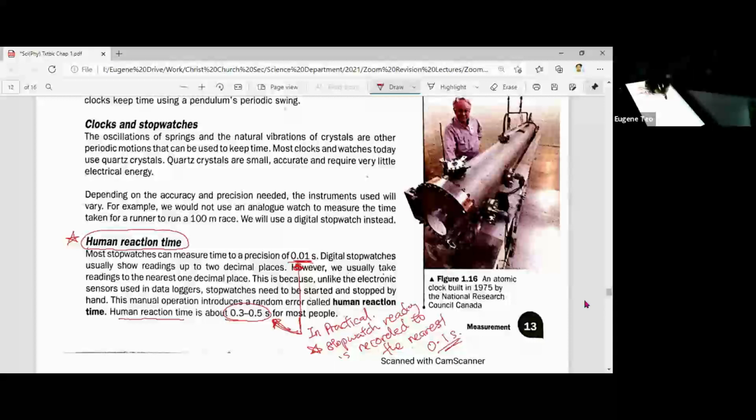Instead of recording up to 0.01, which is the precision of the stopwatch, due to human reaction time, we actually record it to the nearest 0.1 second. So this is more for practical when you're using a stopwatch. You must make sure that you record it to the nearest 0.1 second.